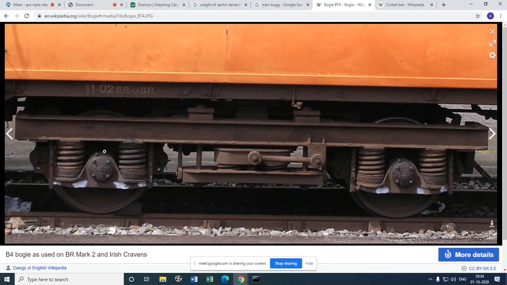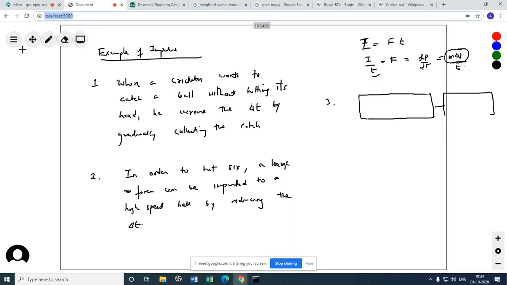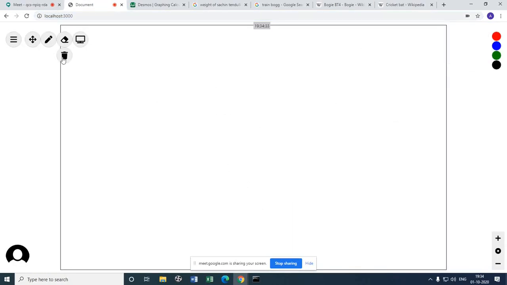Again that catching activity, the same thing, just like the hand of the cricketer who absorbed the ball.